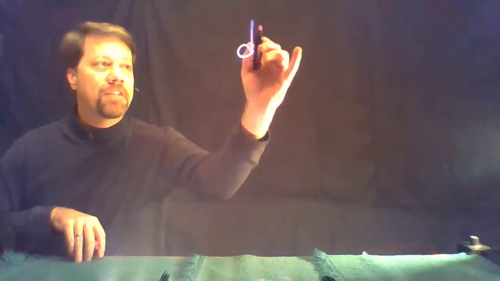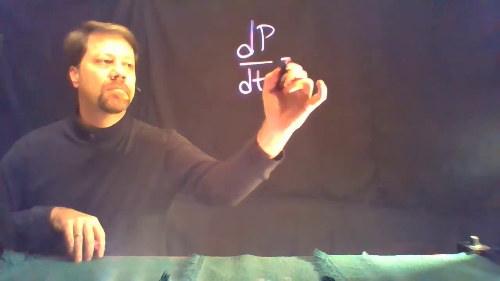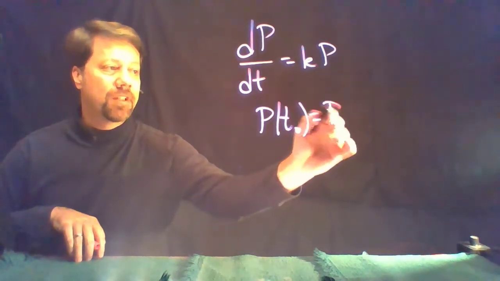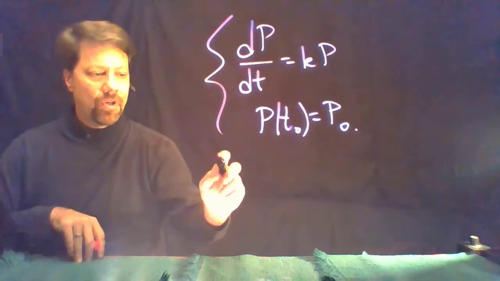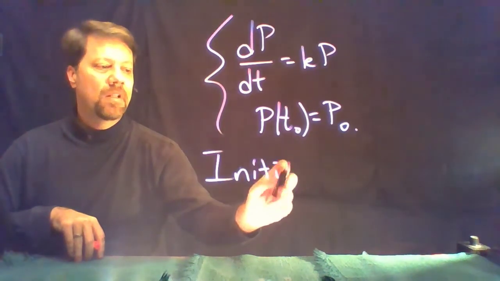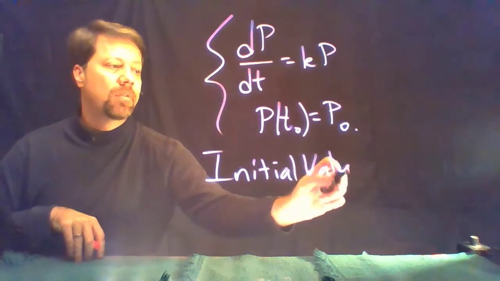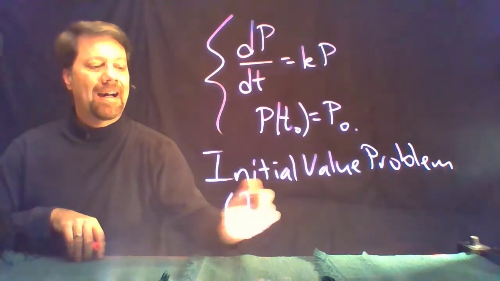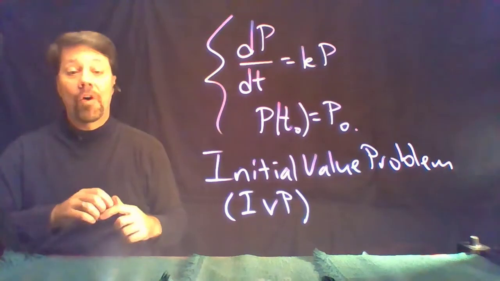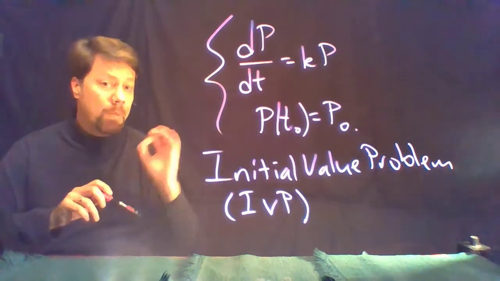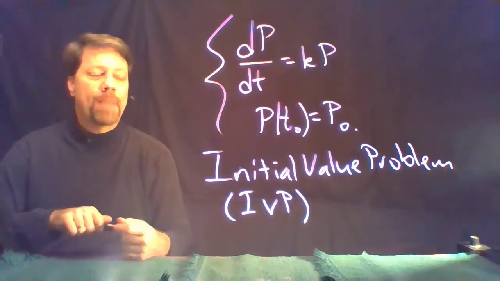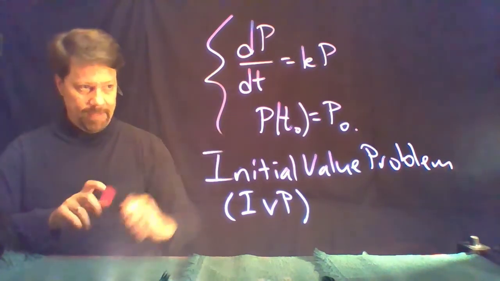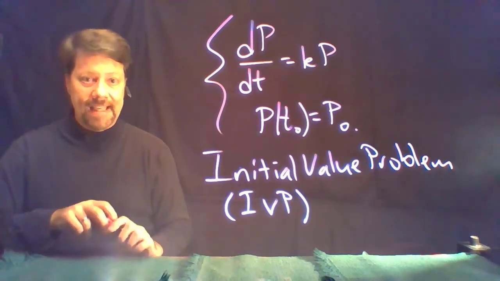Whenever you have a differential equation together with an initial condition, you have what is called an initial value problem, or IVP. The hope is that by specifying one particular point that the solution curve passes through, you can pick out the one solution to the differential equation that also satisfies this initial data.